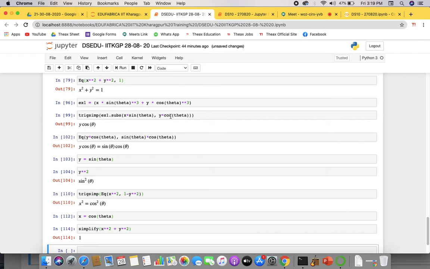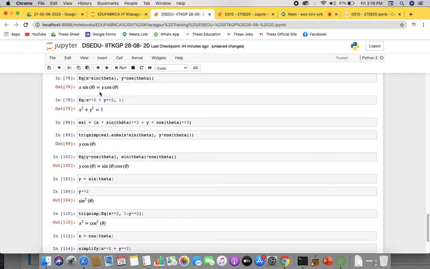That is, substituting the value of x, sine theta as y cos theta, and after substitution we got the equation y cos theta equals sine theta cos theta. From here this gets cancelled and we got y equals sine theta.